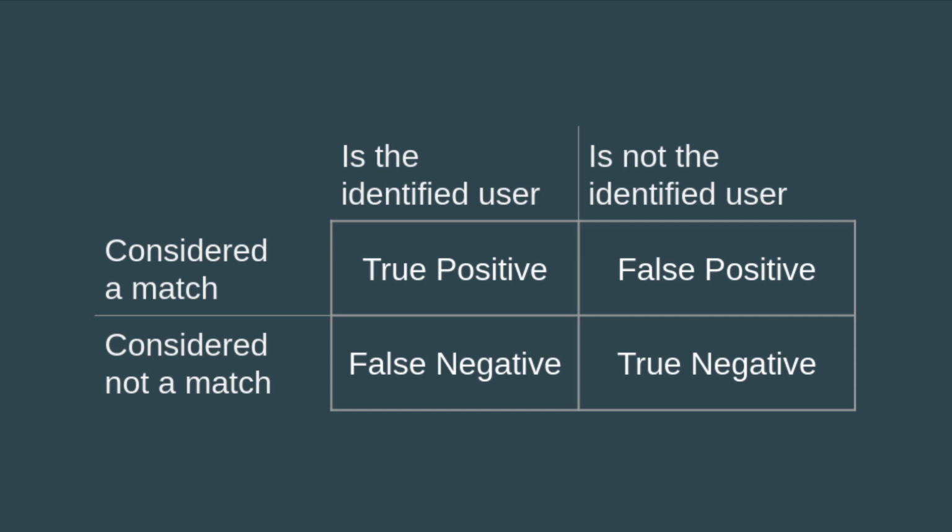With computer systems, sometimes when we're talking about network traffic or a basic login system, a false negative rate of 1% is acceptable, but a false positive rate of 0.001% might be acceptable. But again, these numbers can vary from system to system.